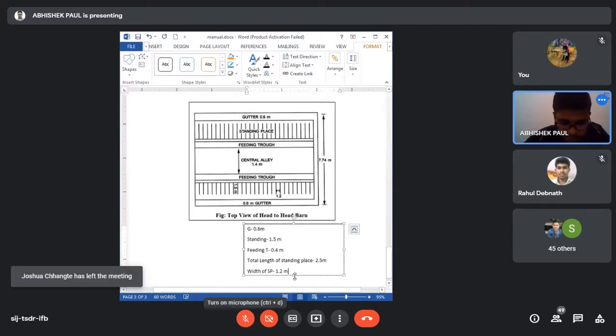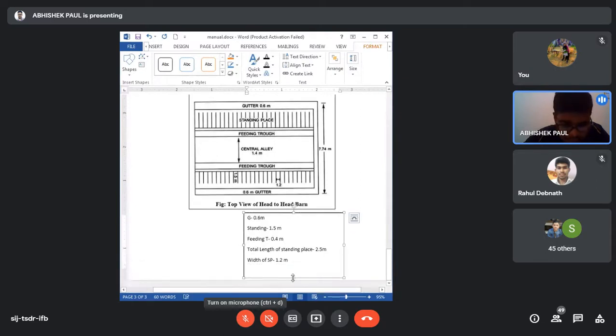This will be the area of the standing place for an individual cow. So you see, this is 2.5 multiplied by 1.2, and the result will be in meter square.